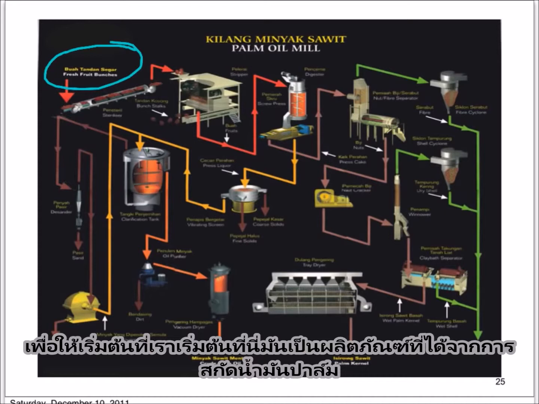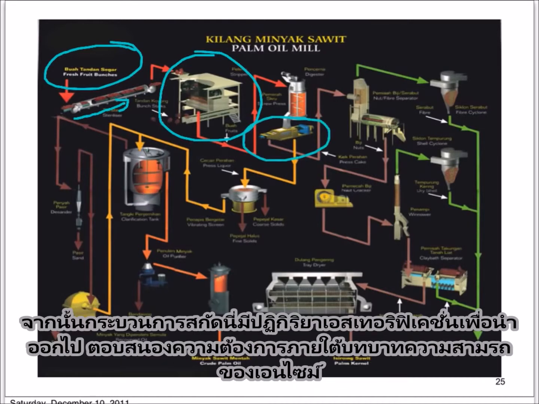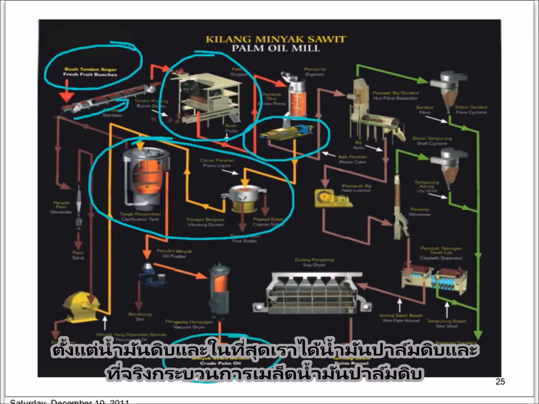This is where the FFB or the fresh fruit bunch will go in through the sterilizer, then the stripping process to remove the fruitlets from the fruit bunch, then the extraction process here, the clarification process to remove the sediments and other undesirable components in the crude oil, and finally we get the crude palm oil. And on this part here, this is actually the process to produce the crude palm kernel oil.